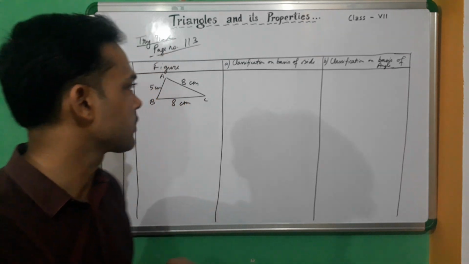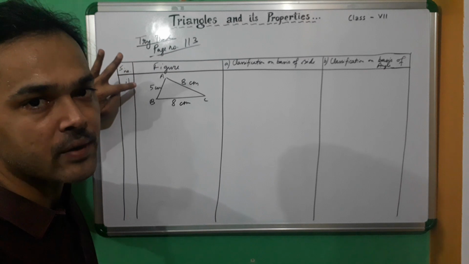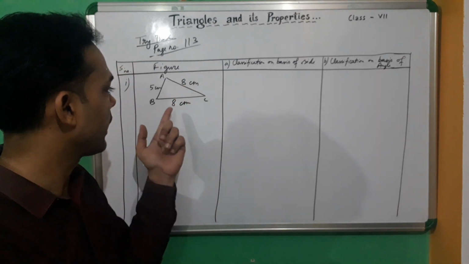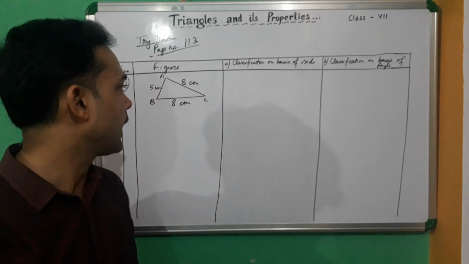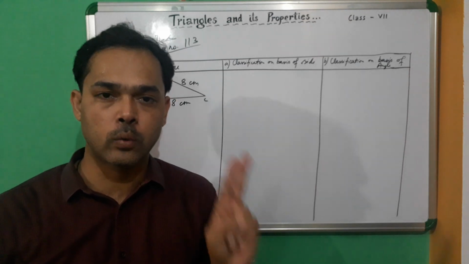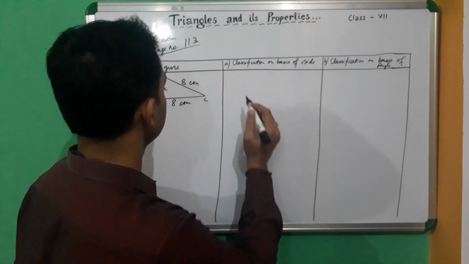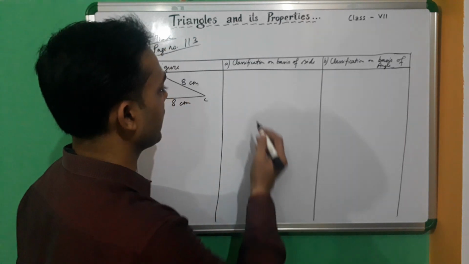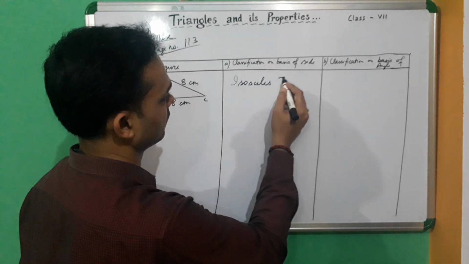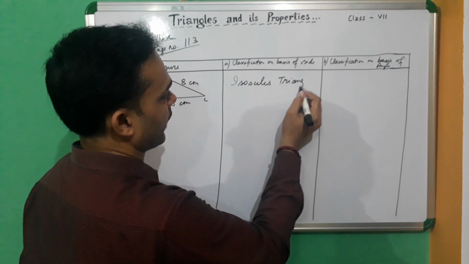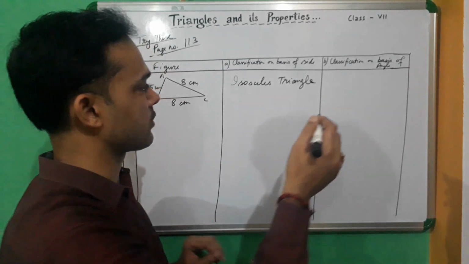Now on the basis of side, one side is 5 centimeter, the other one is 8, and the third side also is 8. And in the previous video I have said that whenever two sides are of equal measurement, it will always be an isosceles triangle. Okay, so this one is an isosceles triangle on the basis of side.